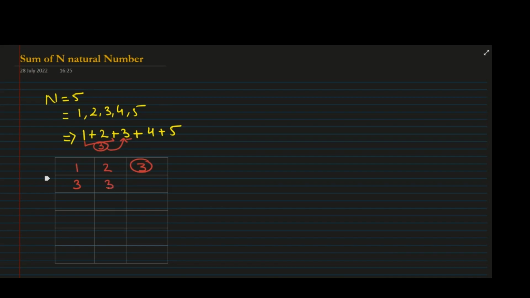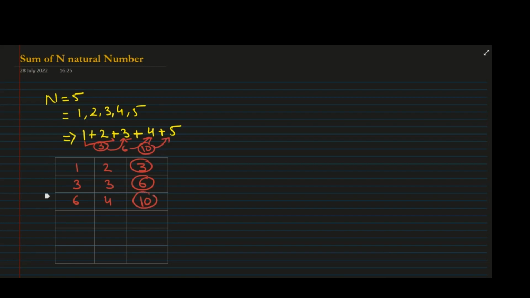The next number is 3, so our result will be 3 plus 3 is equal to 6. The result will be saved somewhere, and then we will use this result to calculate the sum of the next value, which is 4 in our case, and this will give us, sorry, 10.